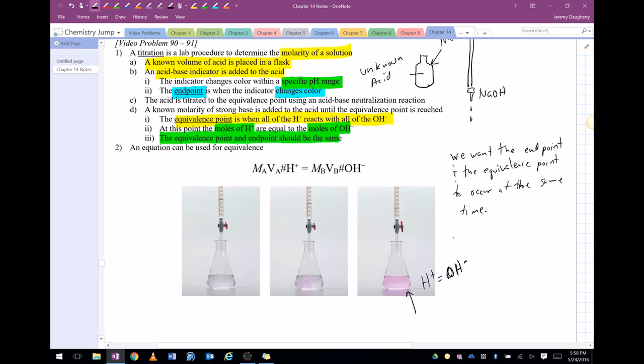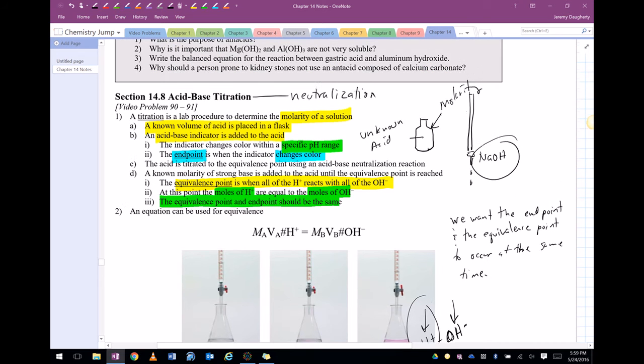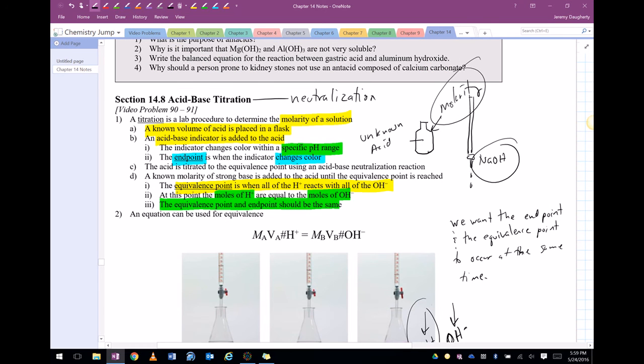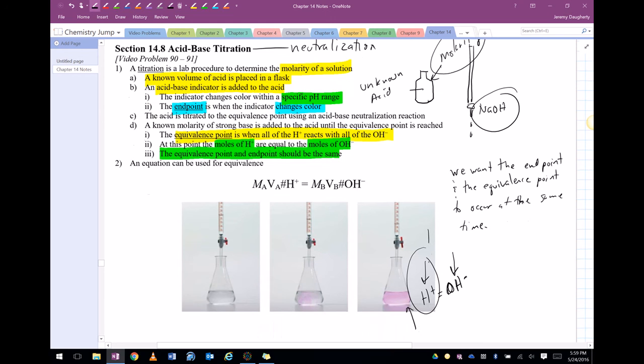Because if all the hydroxide ion, which is something we know, equals all the hydrogen ion, then I know how much hydrogen ion I have. And I have solved this molarity problem because I know how many hydrogen ions I have in that amount of space.